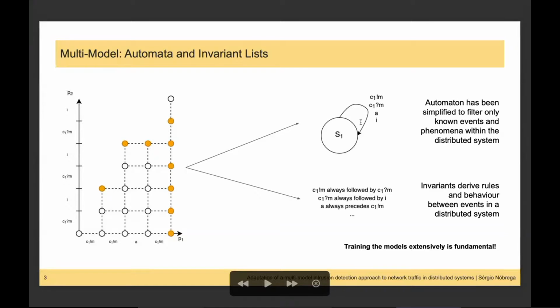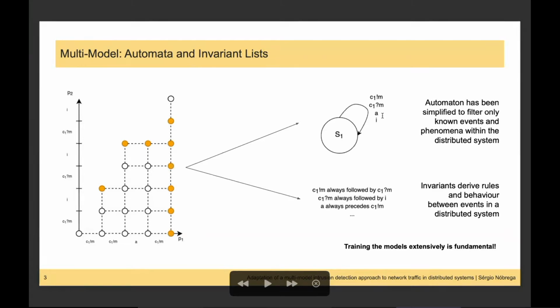In his PhD, David made a more complex automaton, as we are used to seeing, with a lot of states and dependency between the events. And if an event occurs out of order, then it's some sort of violation of the normal behavior of the system.